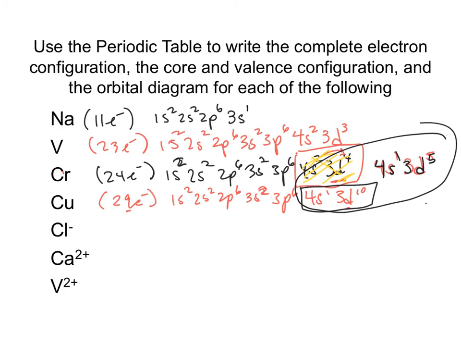Okay, so then if you look in the periodic table for chlorine, this has 18 electrons instead of the normal 17. It's got the extra electron because it's got a negative charge. 1s2, 2s2, 2p6, that's 10. 3s2, that's 12, and then 3p6 gives you 18.